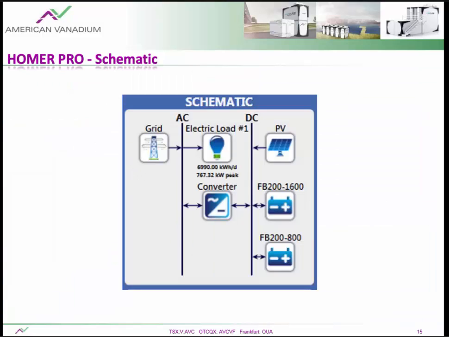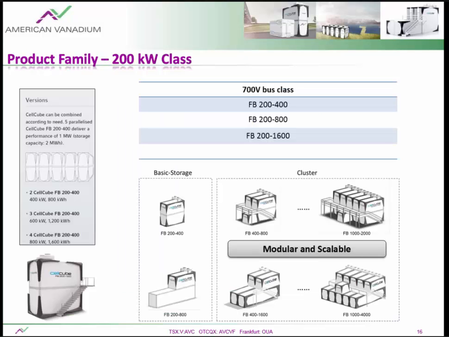Next, we'll jump into the battery setup. But before I dive into how it's set up in Homer, I'd like to jump into understanding the systems that we have at American Vanadium. So as Brian mentioned, we do have 2 lines of products: the 200 kilowatt systems, our larger units, and also the smaller module units, the 10, 20 kilowatt systems.